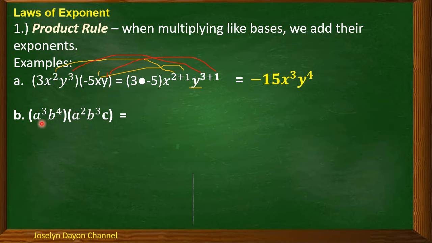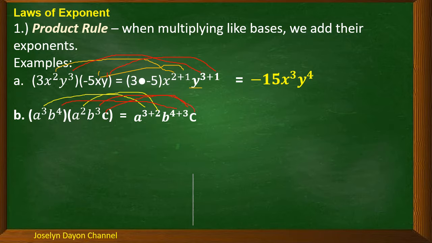So we have here a and a, the exponent here is 3, and then we have here 2. Next, for the b variable, we have here 4, and here we have 3. So we have to add 4 and 3. And lastly, we have to copy only c.